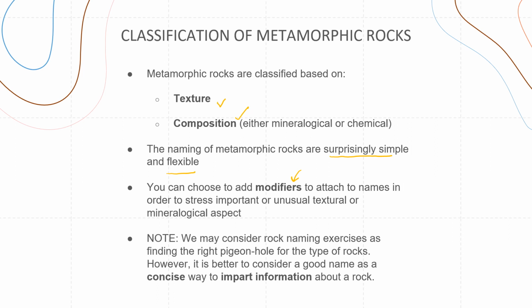And also, please do take note that, when we try to give names to rocks, we oftentimes find ourselves trying to put it in the right pigeonhole. But actually, it is much, much better to consider a good name that is concise and imparts information about the rock.